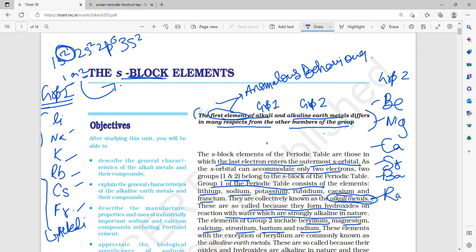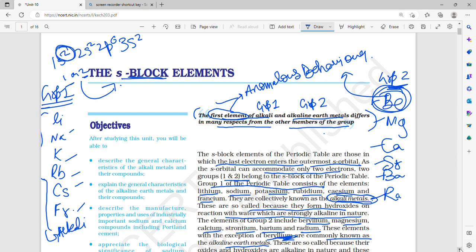These elements, with the exception of beryllium, are commonly known as alkaline earth metals. Beryllium is the first element of group 2, and it is going to show anomalous behavior. Obviously it is going to be different from all other elements of that group.